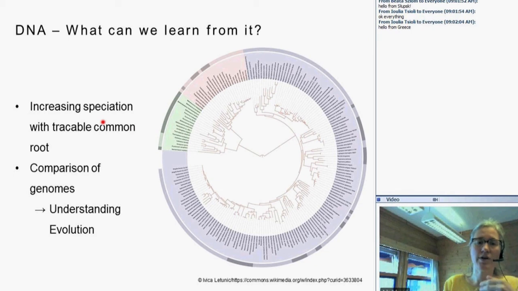So we have an increase of variation among all the organisms on our planet. And this is traceable by comparing the DNA of different species and different genomes. So the genome is the entirety of all the DNA. And then we can have this tree of life.